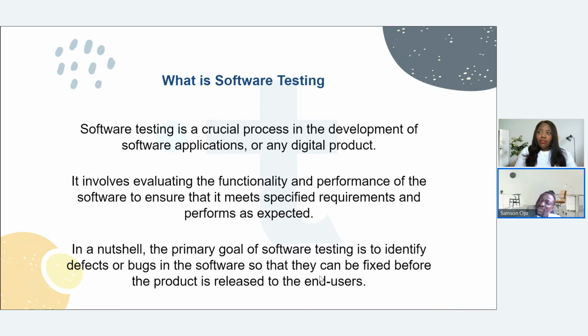It majorly involves evaluating the functionality and performance of software to ensure that we are delivering the kind of product our users want, one that can compete out there, stand the test of time and almost thwart competition. So in a nutshell, the primary goal of testing is to identify defects and bugs in the software that we're going to be delivering to our end user.